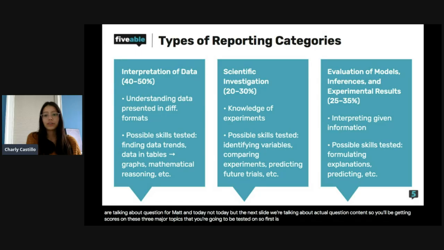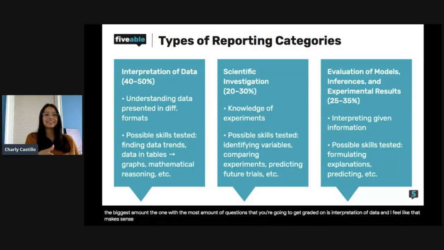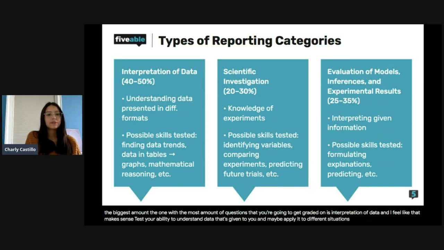So first, we're going to start from biggest to smallest. The biggest amount, the one with the most questions that you're going to get graded on, is interpretation of data. And I feel like that makes sense. The test is trying to test your ability to understand data that's given to you and maybe apply it to different situations. That's actually exactly what I wrote for the description.